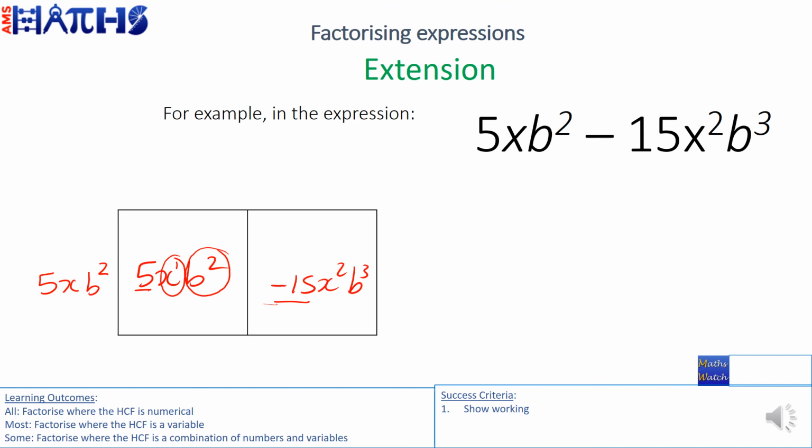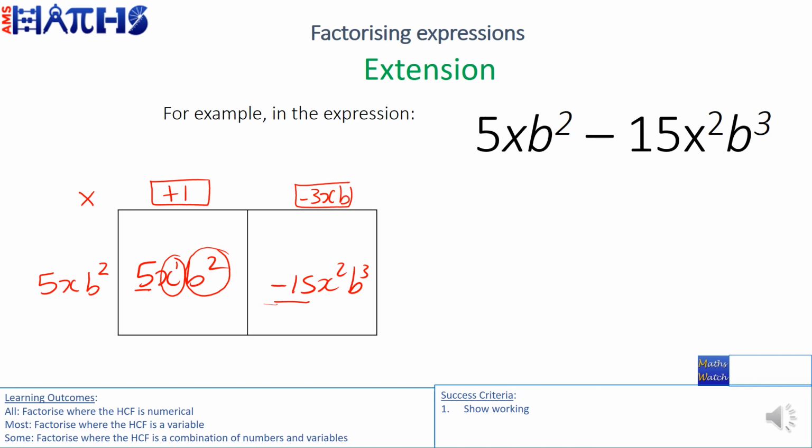Then all we need to do is find the two terms to multiply, and so our first term, we need 5xb squared times positive 1 to give us 5xb squared, and then for the other term we need a minus 3 to get minus 15x and b.